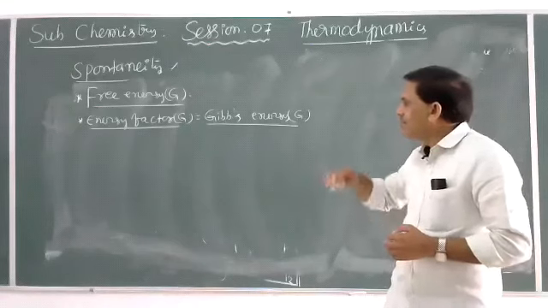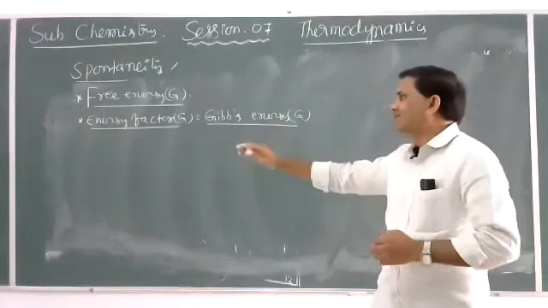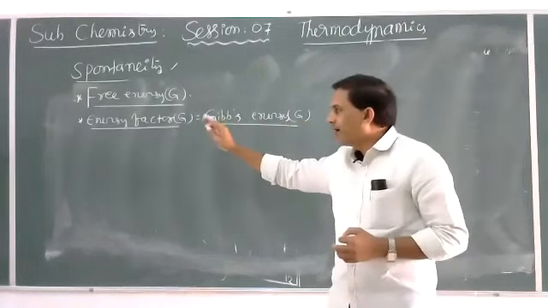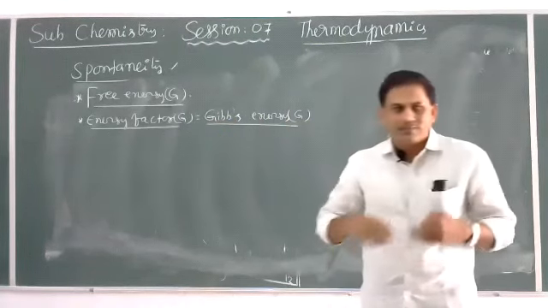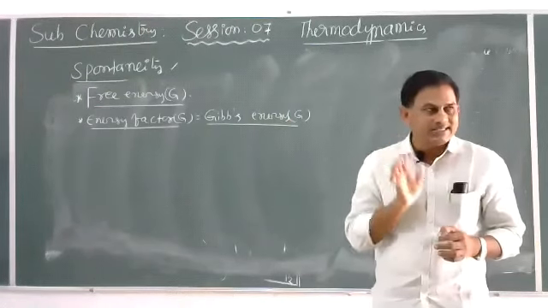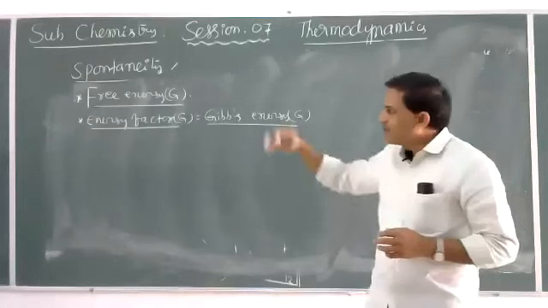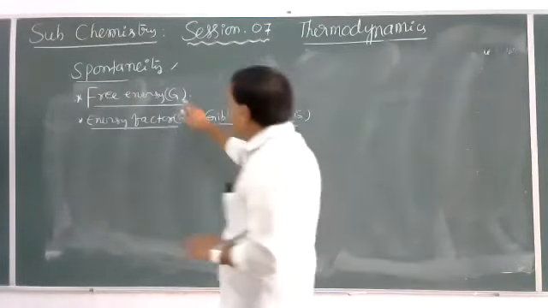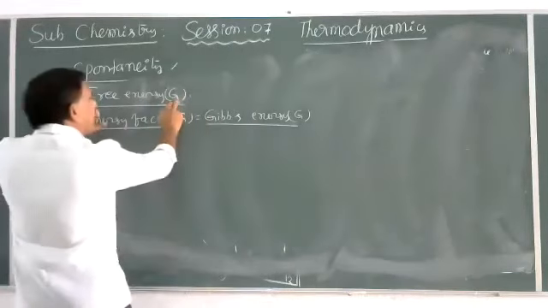From system to the surroundings, or from the initial to the final state of a process, the amount of energy required to do the useful work decreases while doing some amount of work. From initial to the final state, the amount of energy is decreased. That's why it depends on initial and final states.